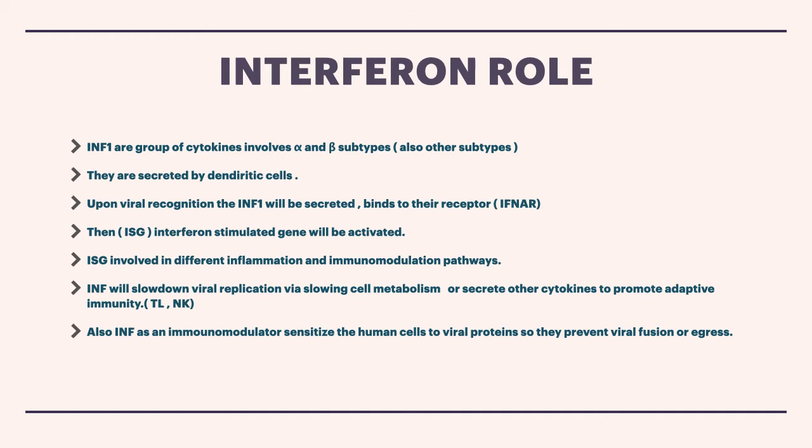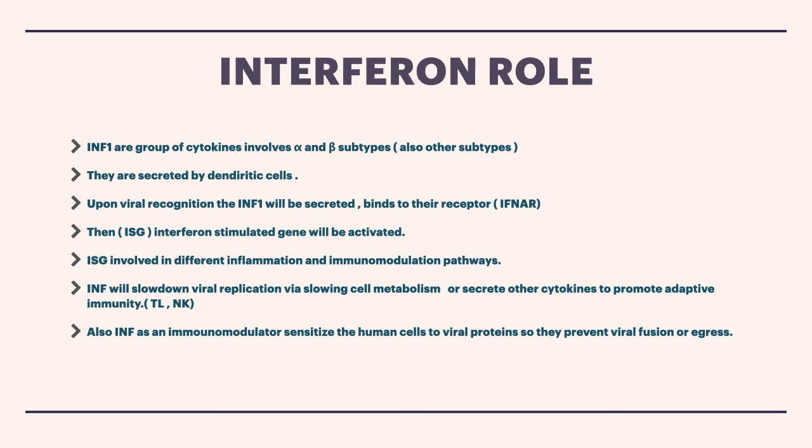Upon the viral recognition, interferon 1 will be secreted, then it will bind to its receptor called the interferon receptor. Upon the binding with the receptor, ISG, or interferon stimulated genes, will be activated. These interferon stimulated genes, ISG, will then be involved in different immunomodulation and inflammation pathways in the cells.